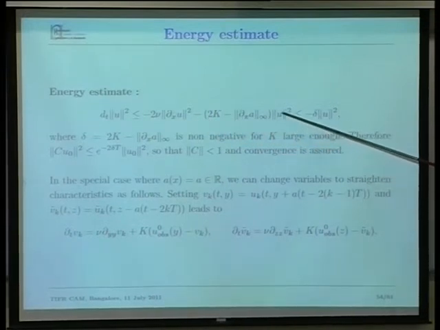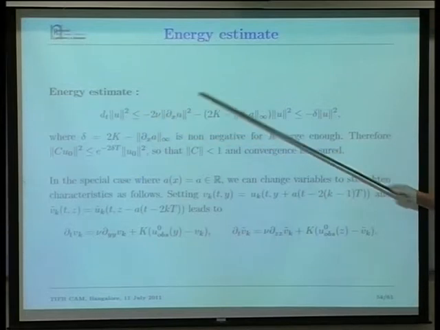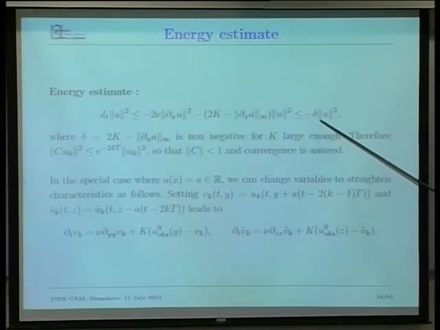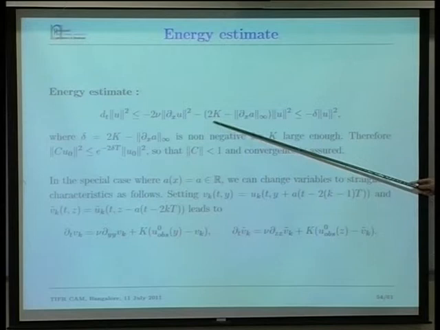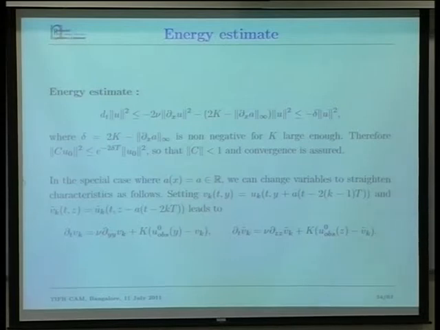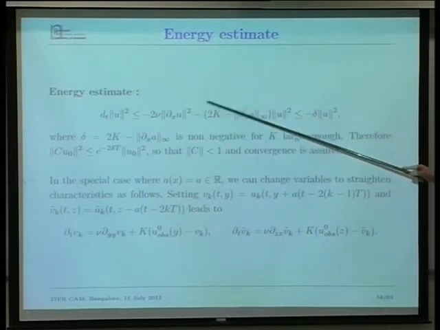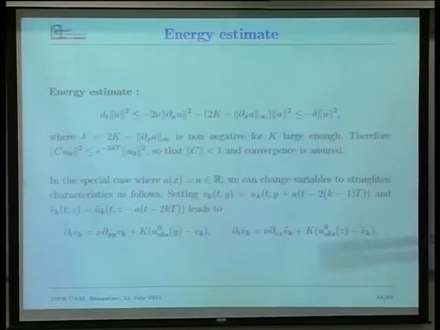And then you can control the energy by this term, which is negative if you take the nudging coefficient k larger than the infinite norm of the derivative of the transport A. So if k is large enough, this is strictly negative, and then the energy decreases exponentially in time. So you have convergence.